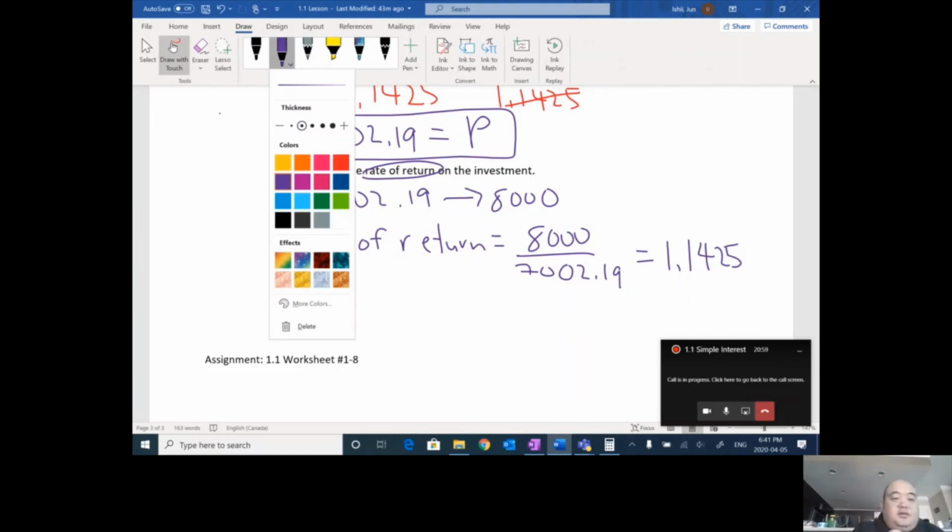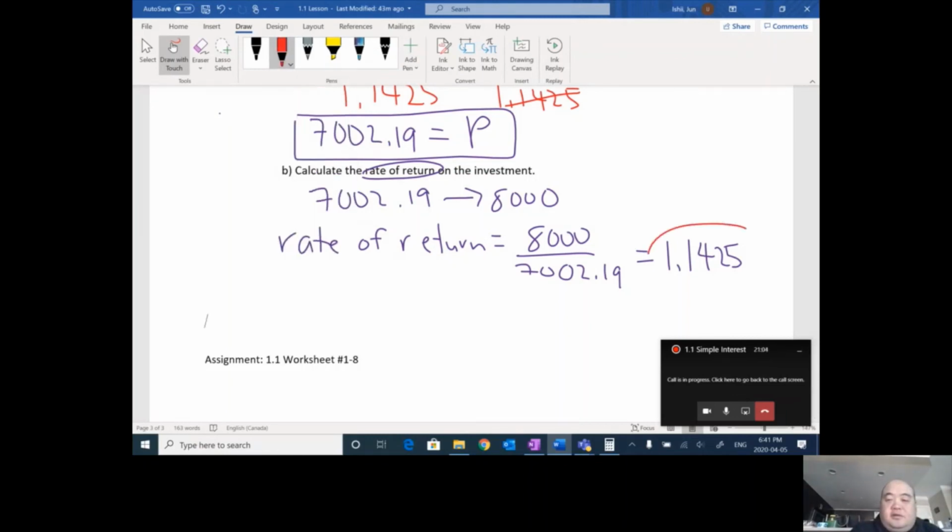This is what we call the multiplier. I had to multiply by 1.1425 to get to 8,000.